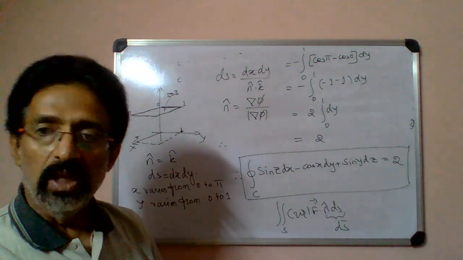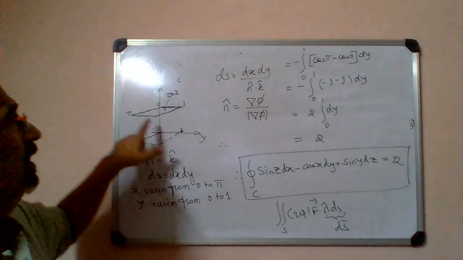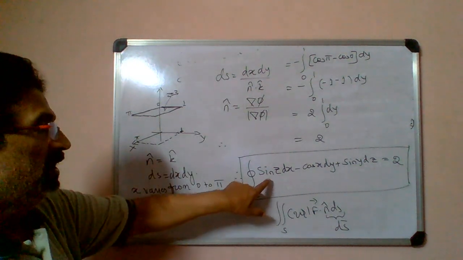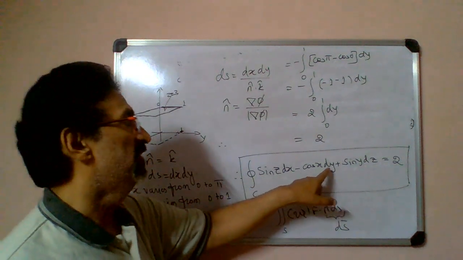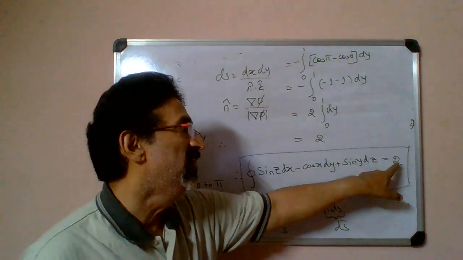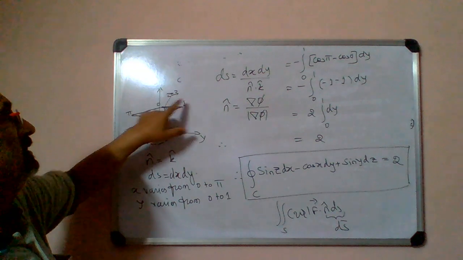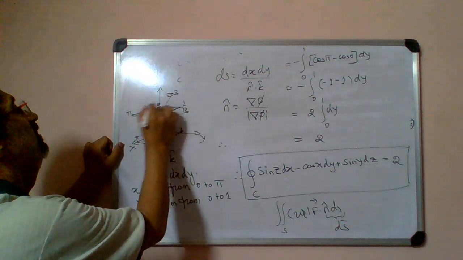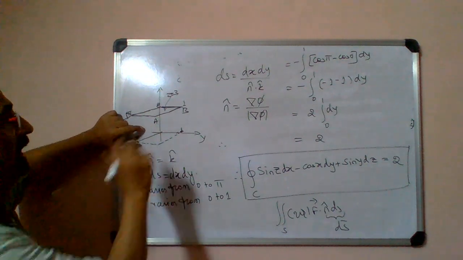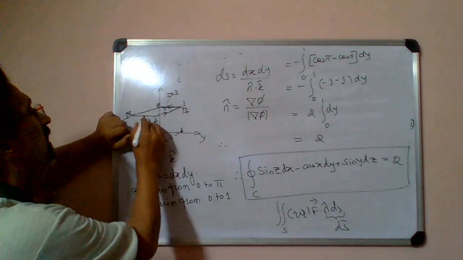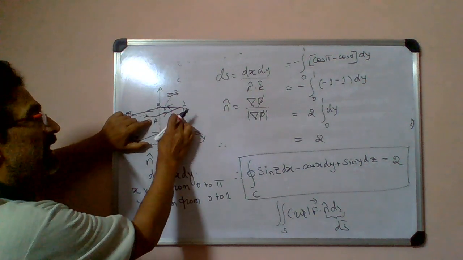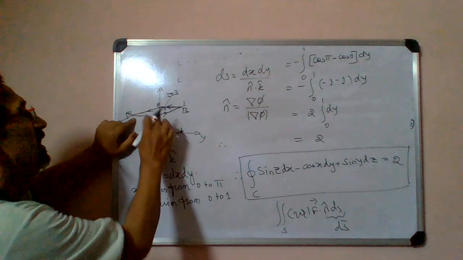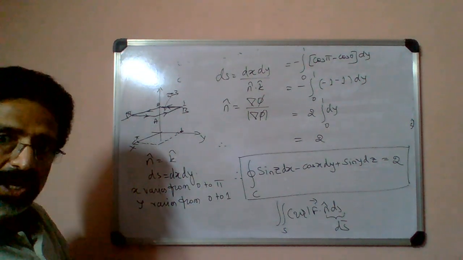Now I have to consider the line integral also: the integral over C of sin z dx minus cos x dy plus sin y dz on all these boundaries, A, B, C, D. I should take the integral over AB plus integral over BC plus integral over CD plus integral over DA, then add them up.